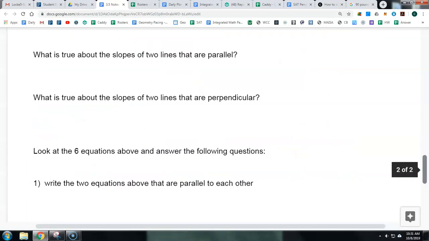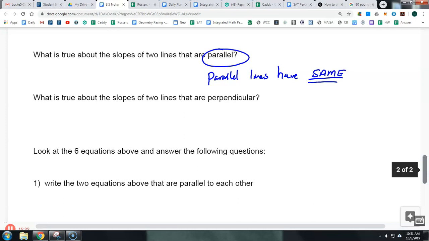All right, so what's true about slopes of 2 lines that are parallel? Well, parallel lines have the same slope. Okay, they got to be the exact same. So if one line has a slope of 3, the other line has a slope of 3.